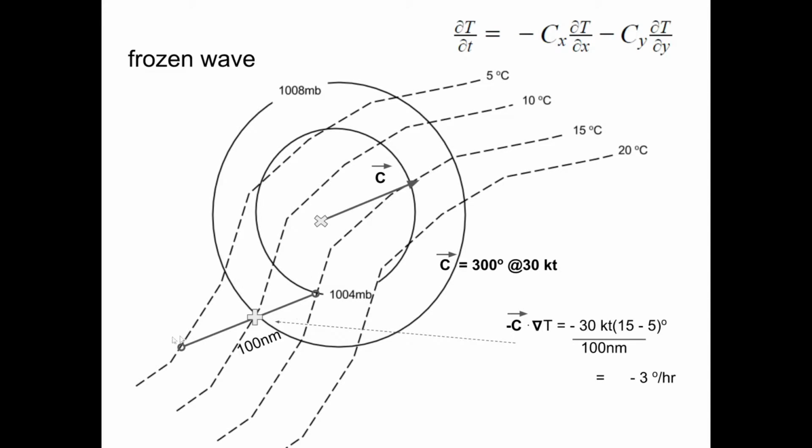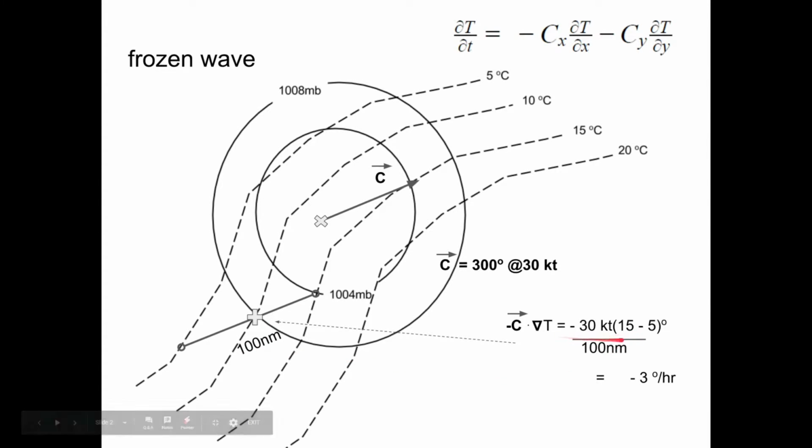And so if we measure the gradient along the direction of the system motion, so here we measure the distance between two isotherms and make that measurement parallel to this C vector, we would see that the temperatures increase, in this case, between 5 and 15 degrees C over 100 nautical miles.